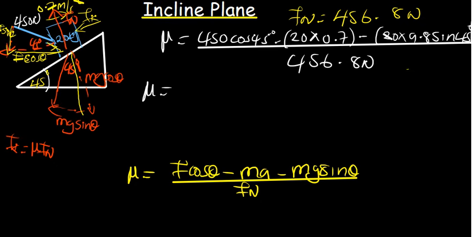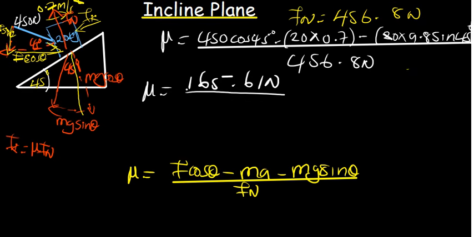So we have 450 cos 45, the answer which I found, minus, open brackets, 20 times 0.7, the answer which you find, minus again 20 times 9.8 sin 45. So there we are, I'm getting 165.61 newtons.